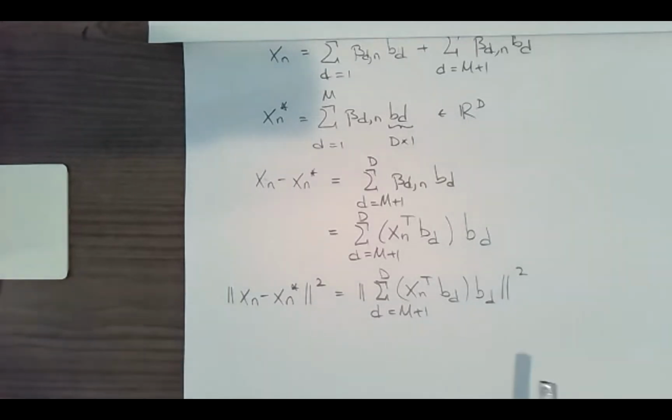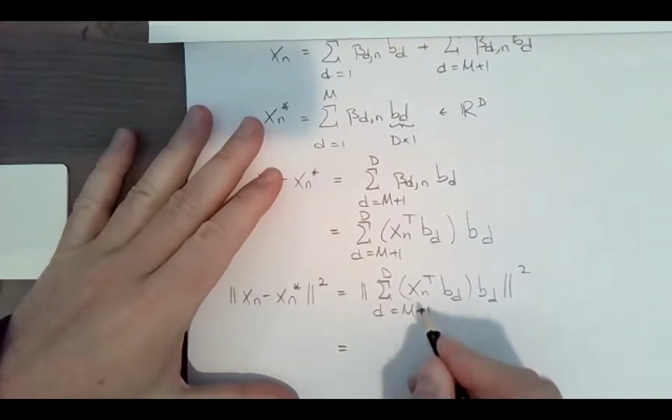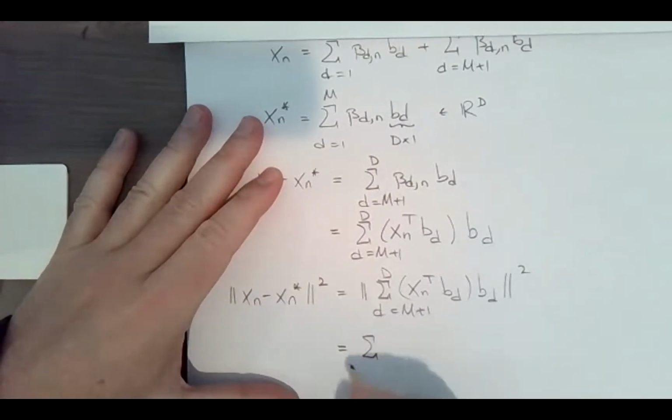And here comes the time where we use that we have orthogonal basis elements. So I have the norm, and these are orthogonal, so I can factor it out simply by moving the sum outside.